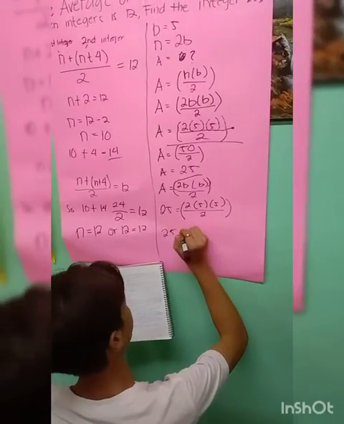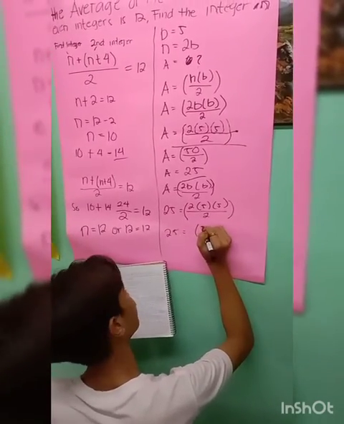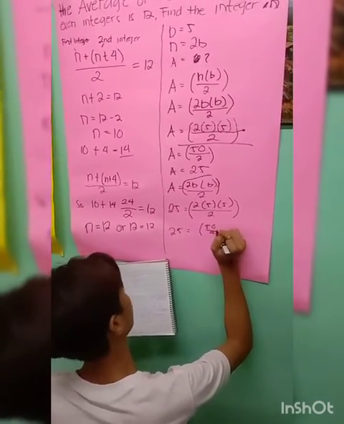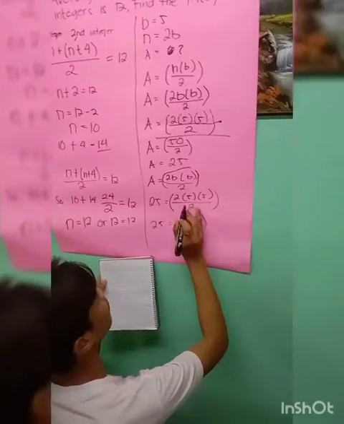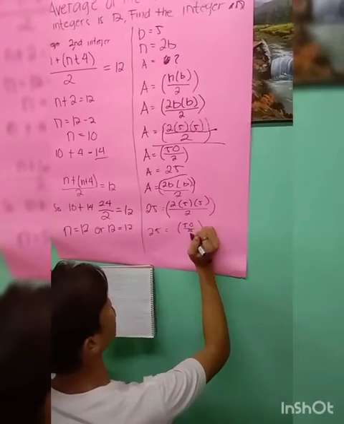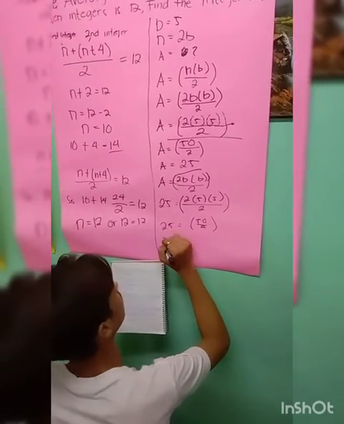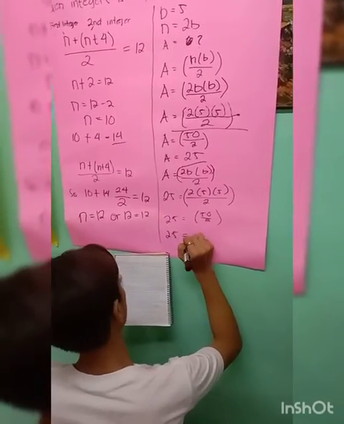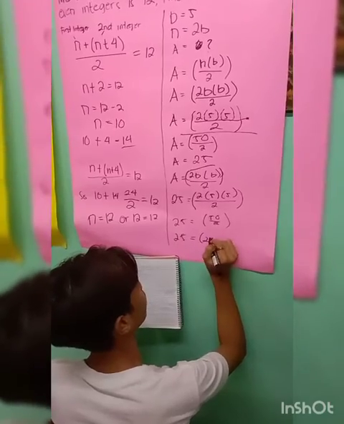Then 25 is equal to 50 over 2. So 2 times 5 times 5 is equal to 50, then divided by 2, 25 is equal to 25.